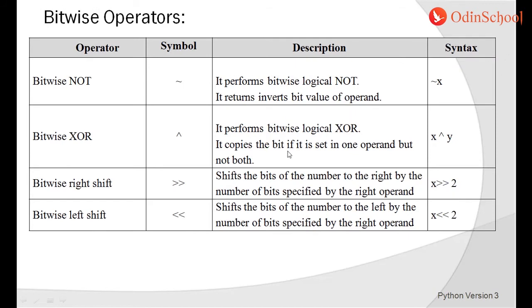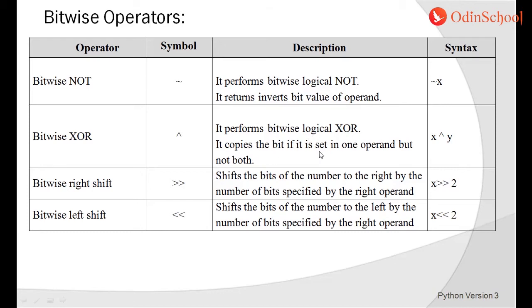Now what is new? The XOR, right shift, left shift. If you want to rotate the bits, in this kind of programming in which your bits are rotated, at that time you can use this right shift, left shift. It mainly rotates the bits. XOR is what? It performs bitwise logical XOR.